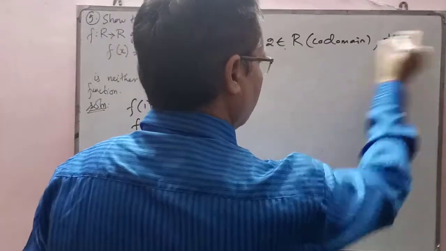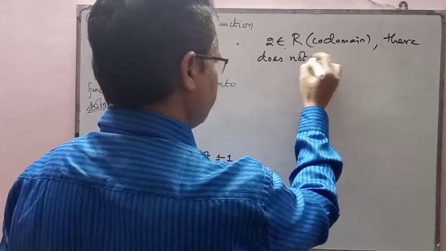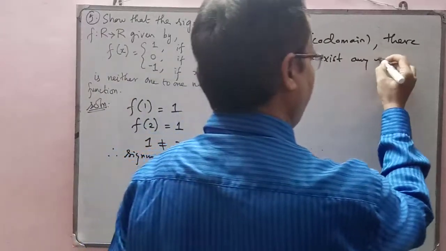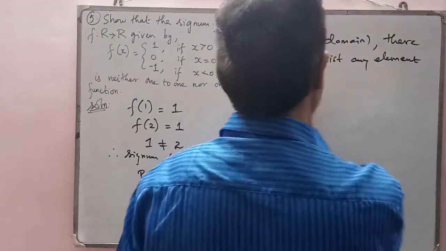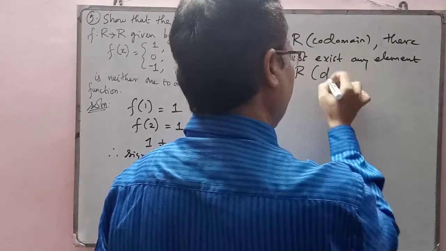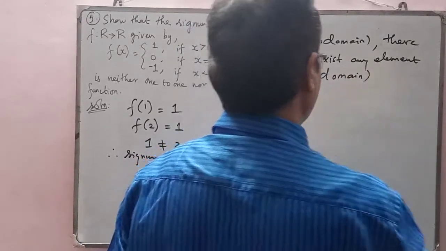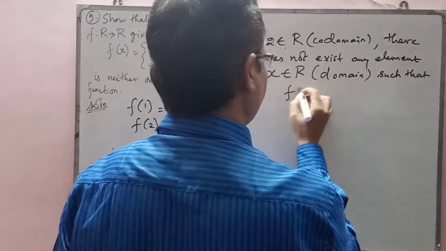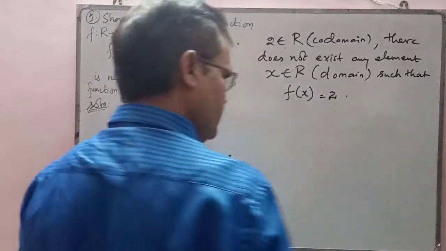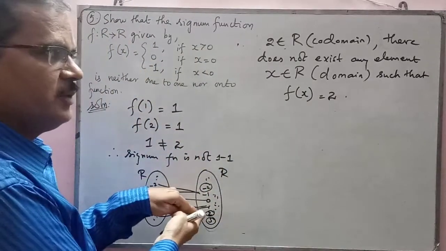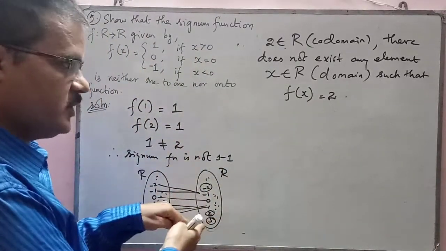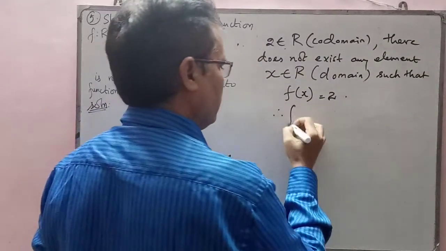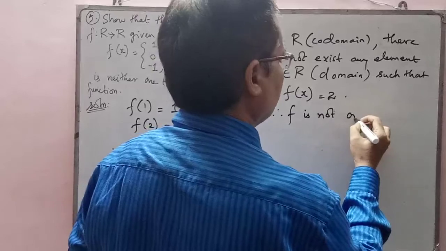There does not exist any element x belonging to R, the domain, such that f of x equals 2. That means no element will map to the element 2. Likewise, there are a number of elements that will not map to 2. So it is not an onto function. Therefore, f is not an onto function.